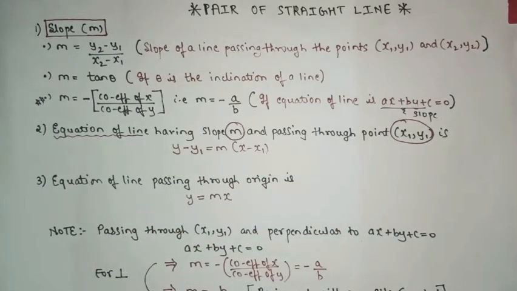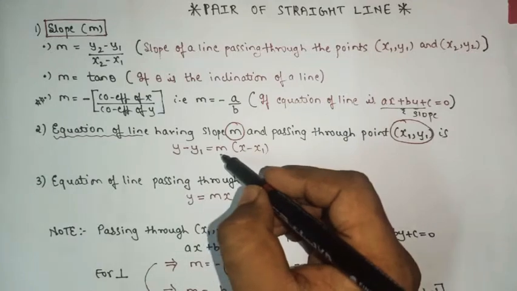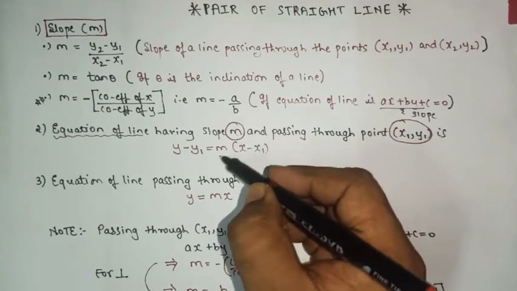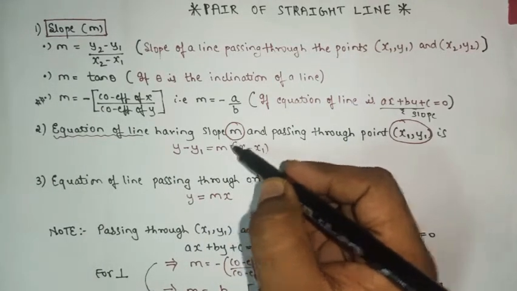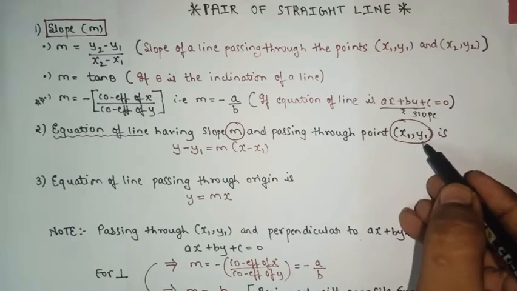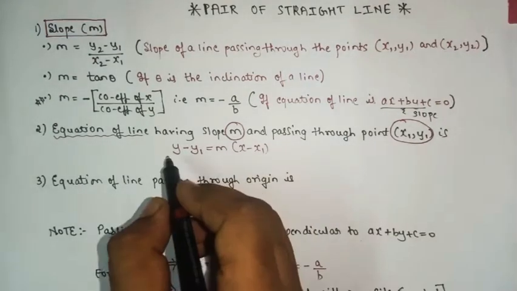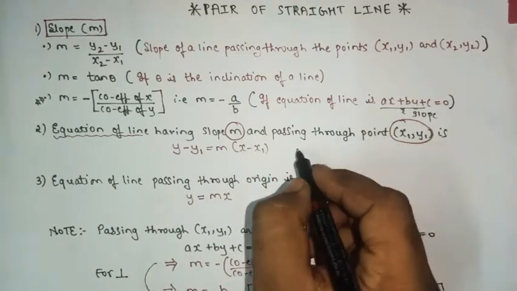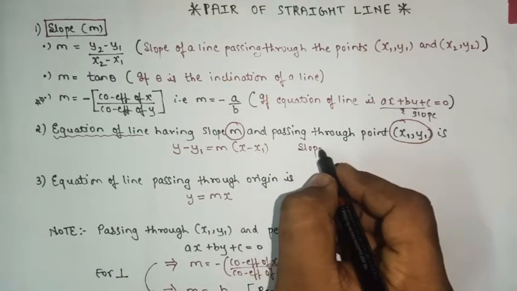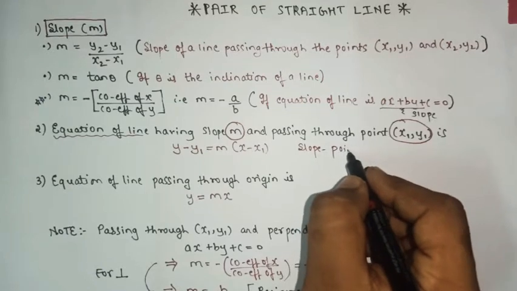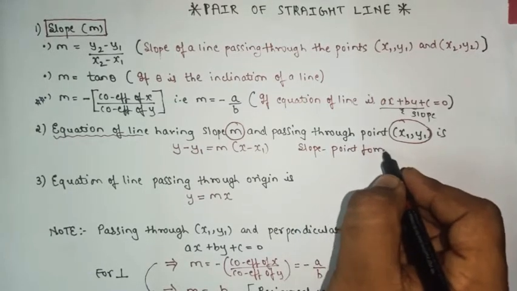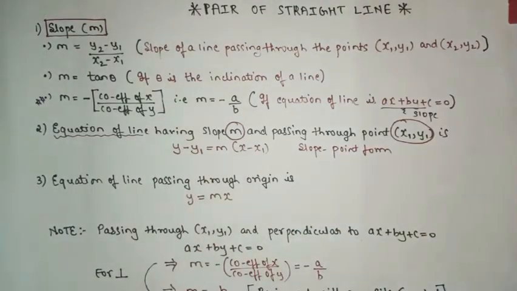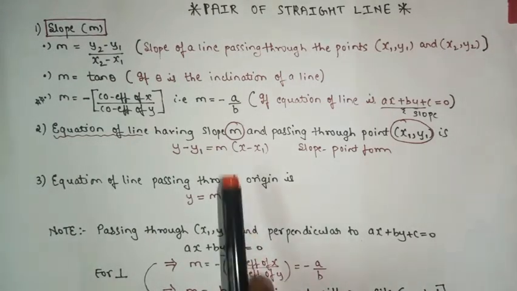Simply replace the value of m by the number you got, and x1, y1 is the coordinate. This equation of a line is known as the slope-point form. So what is the formula? y minus y1 equal to m times x minus x1. Got the point?